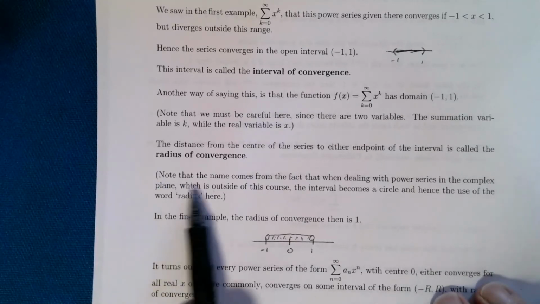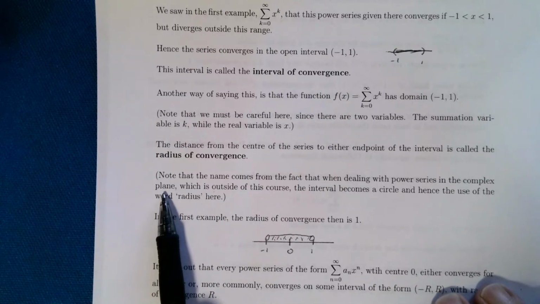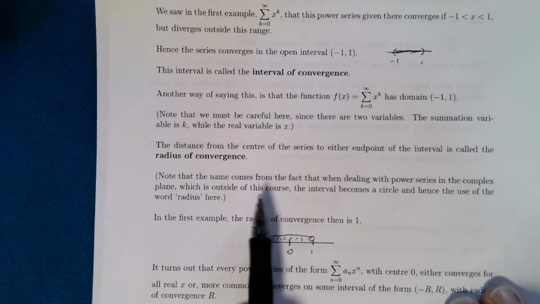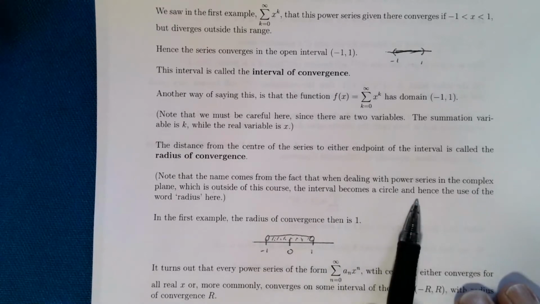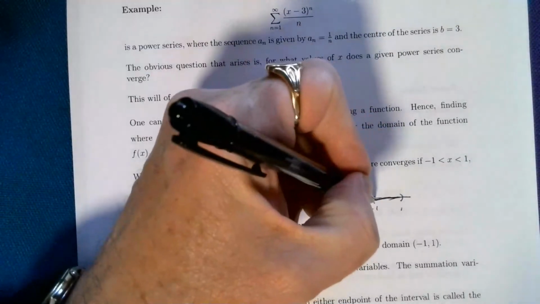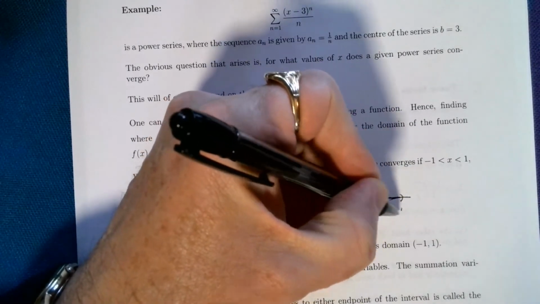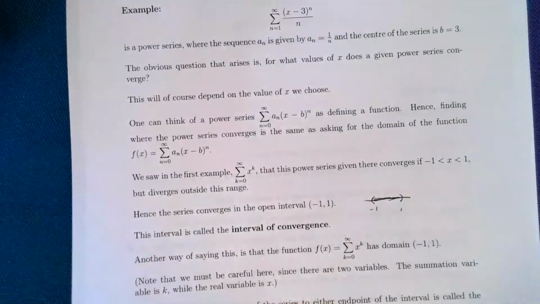Well, the name comes from the fact that when you're dealing with power series in the complex plane, which we're not going to do at all in this course, the interval becomes a circle, and hence the use of the term radius. In reality, there's a lot more going on here. We've got an interval, but in the complex plane you're getting convergence inside of a circle, and so it makes sense to talk about the radius.